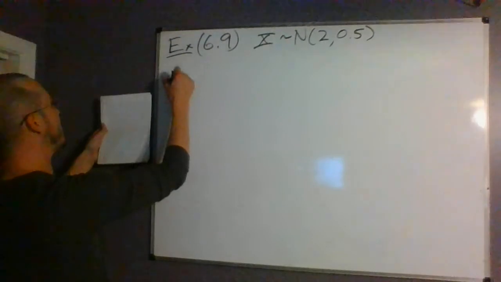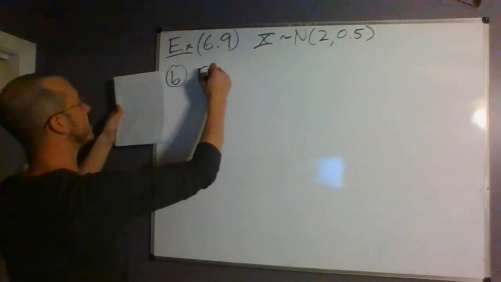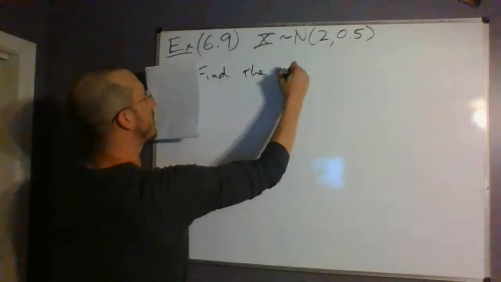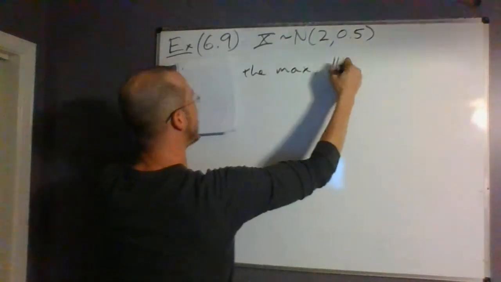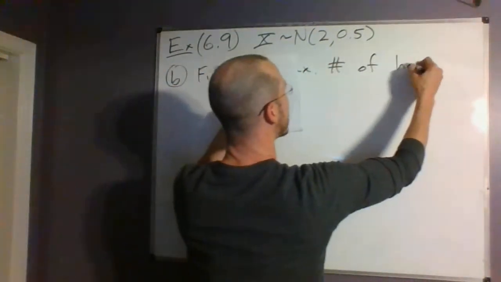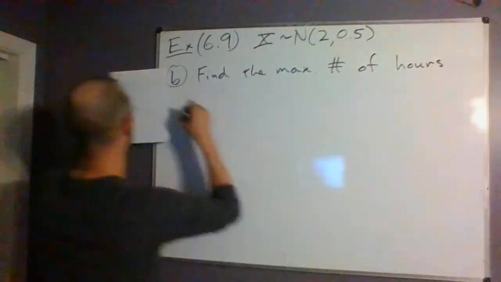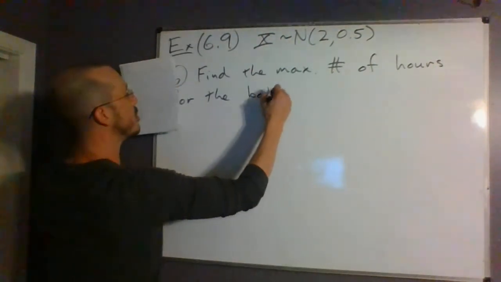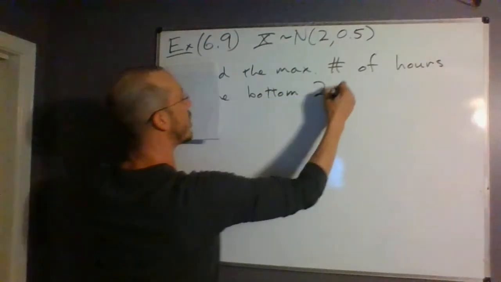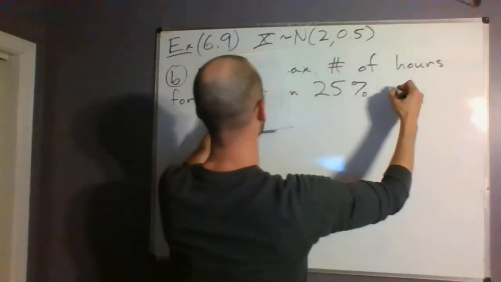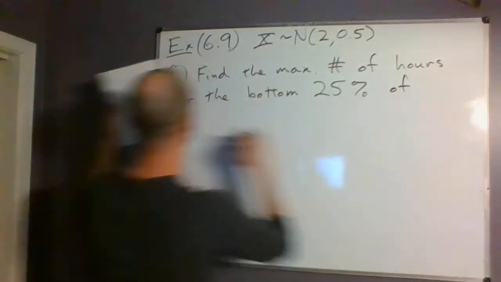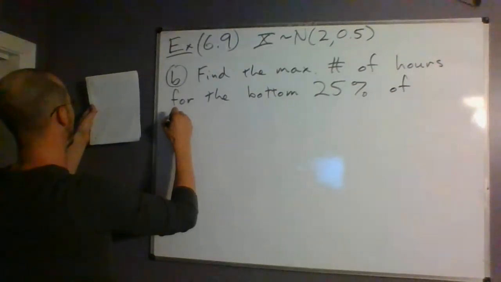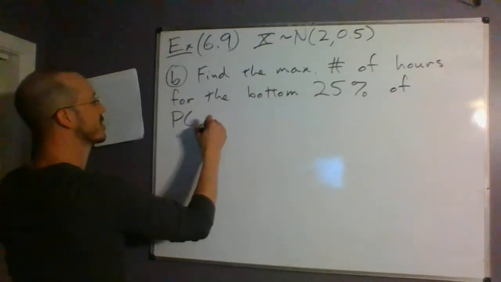So for part B, find the maximum number of hours for the bottom 25% of PC entertainment.